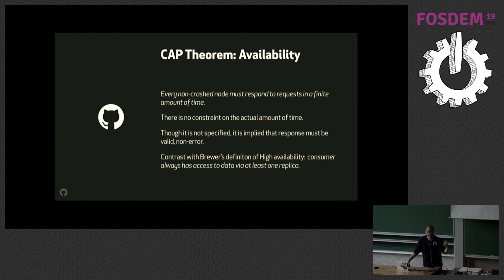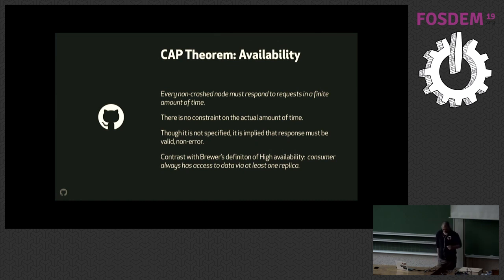It could be 5 seconds, it could be 5 minutes, it could be 7 years. If a request returns within 7 years, the system is available. Now, it is not explicitly declared, but otherwise this disproves the CAP theorem, that the response must be successful. If the system returns errors all the time, then it's not available. It must respect that request which we sent.